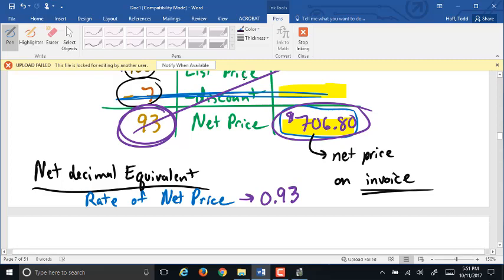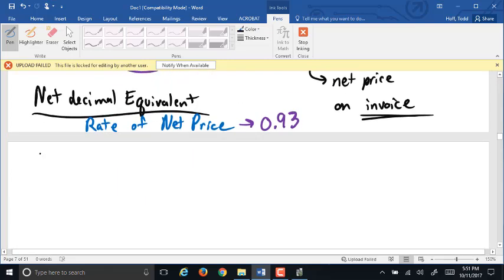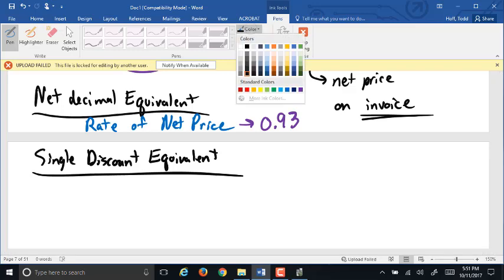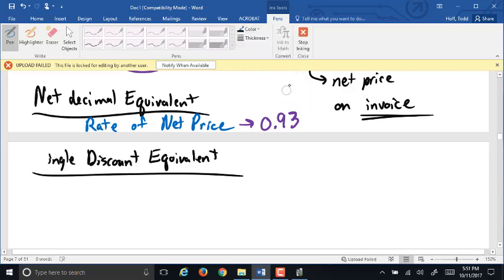And then there is a single discount equivalent. And yes, that is the rate of the discount. Rate of the trade discount.